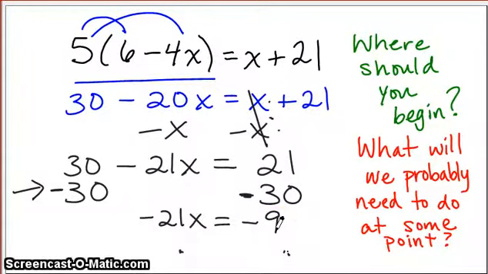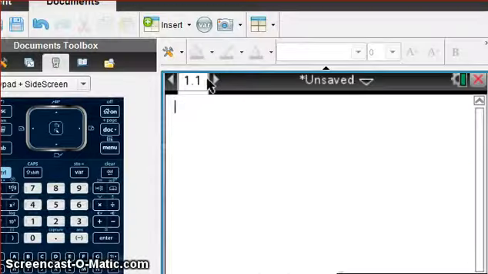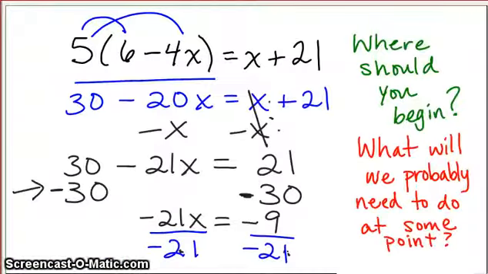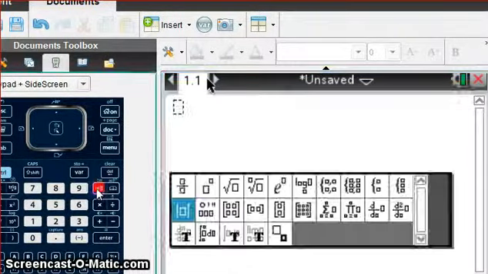So I need to get rid of this multiplying by negative 21 right here. So the opposite of multiplying by negative 21 is to divide by negative 21. So if we pull up the calculator page and do negative 9 divided by negative 21, well, we have a negative divided by a negative, so that's going to give us a positive answer. Let's use that template.